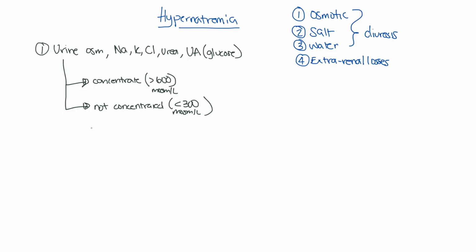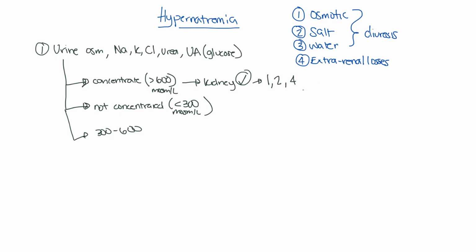And then there's this gray area that is 300 to 600. Now, with concentrated urine, this means that the kidney is doing the right thing. Kidney is intact, and now we have to figure out which of the causes it is, and it's going to be either cause 1, 2, or 4.